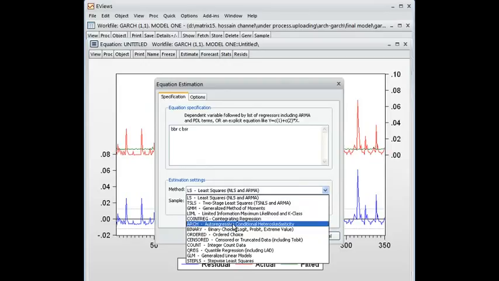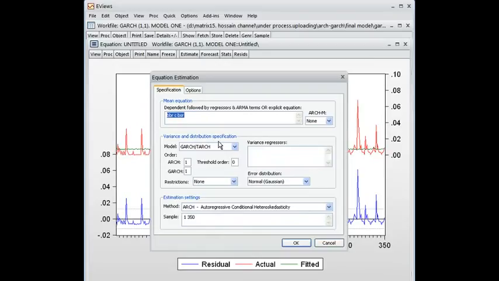GARCH model has two parts: one is mean equation and one is variance equation. So first I write the mean equation, that is BBR C BSR. That is our mean equation.